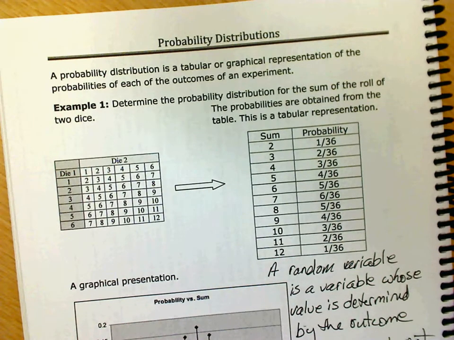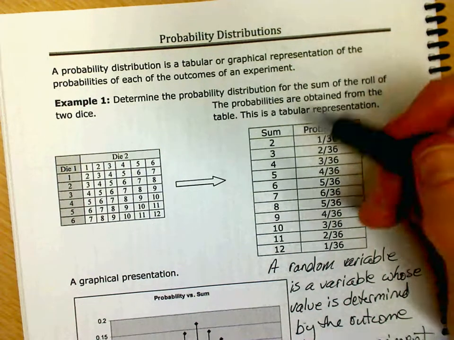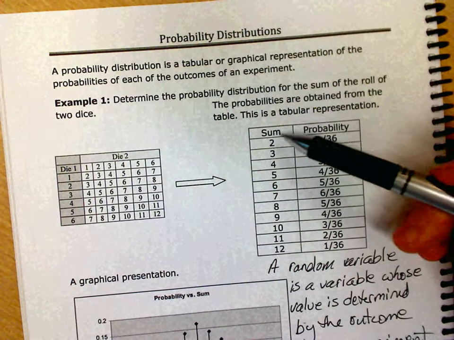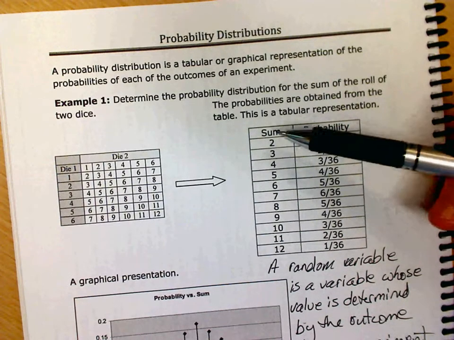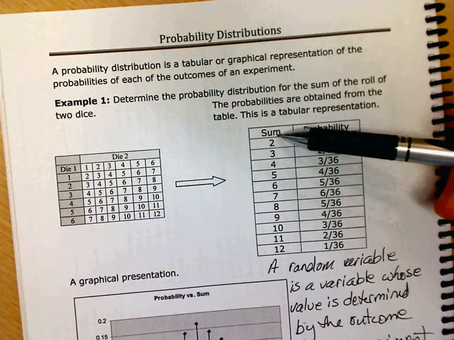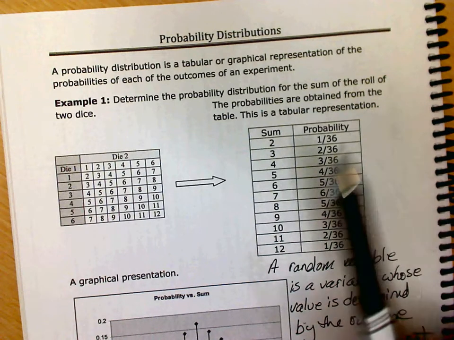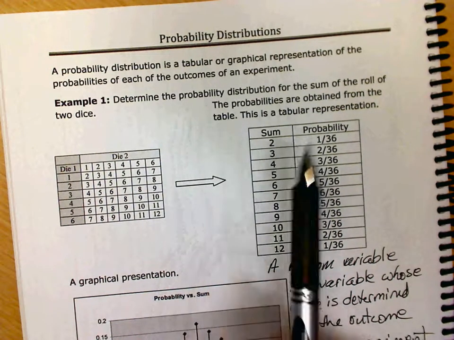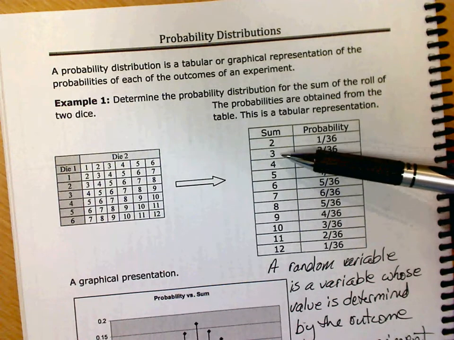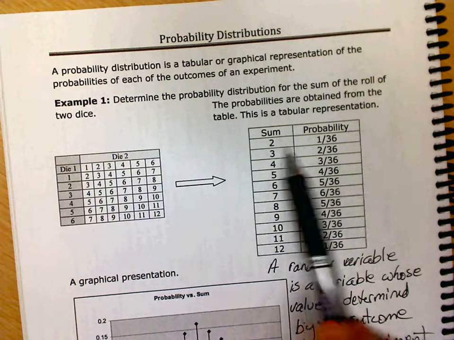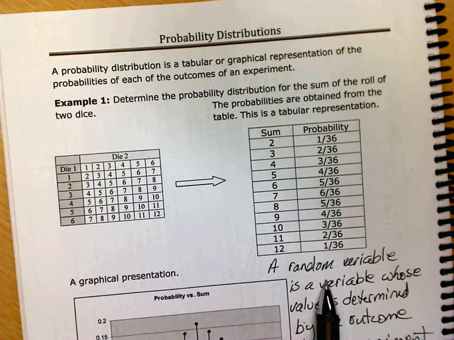Introduction to probability distributions. Here's the probability distribution of a sum on two dice. The variable we're looking at here is the sum on two dice, and whenever we have a probability distribution, we have a list of all the possible outcomes with its related probabilities.